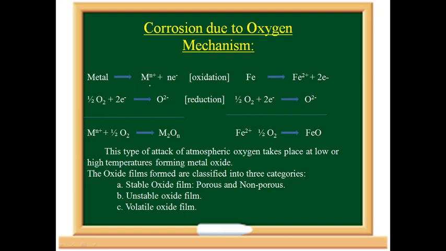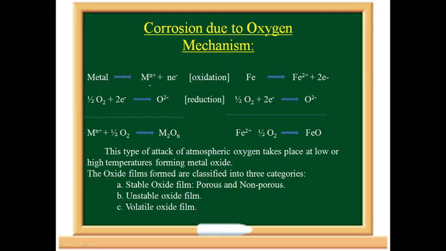As we studied in electrochemistry, how do we remember that loss of electrons is oxidation? OIL RIG. What is OIL RIG? Oxidation is loss of electrons, reduction is gain of electrons. This is how you are going to remember oxidation and reduction reactions.